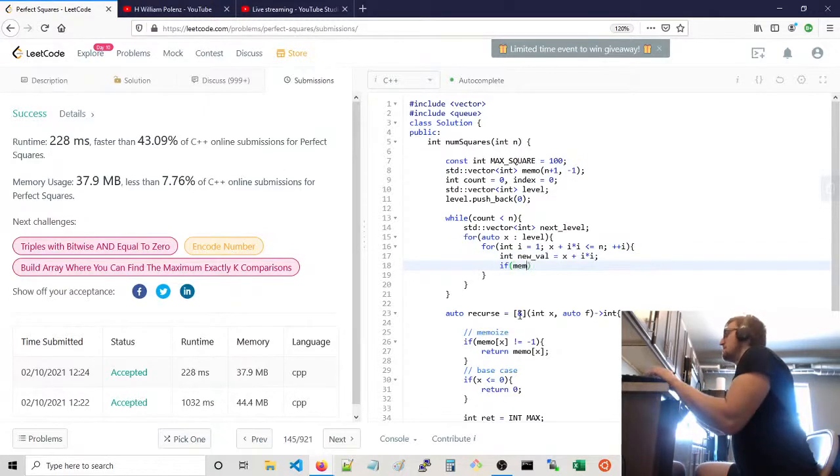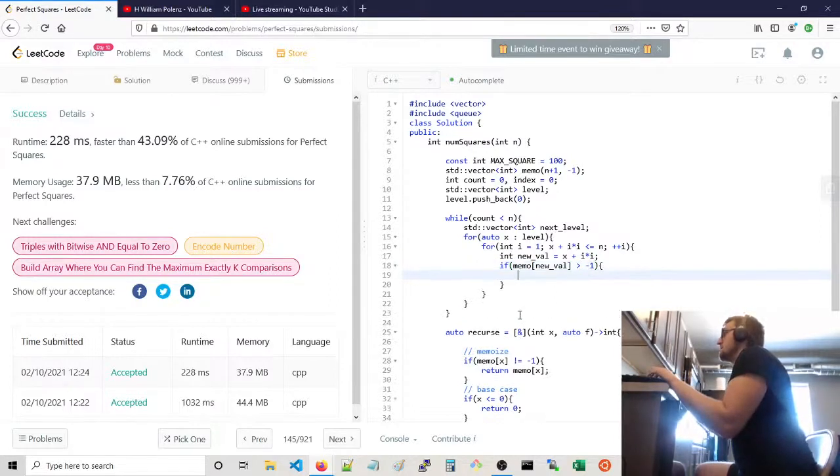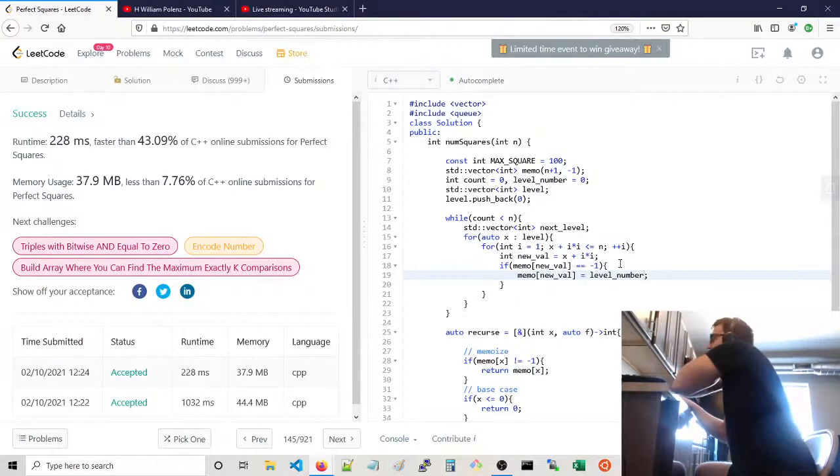If memo of new val is equal to -1, then memo of new val is going to be equal to the index, or we'll call it level number. Let's do it that way. Okay, so it hasn't been set yet. And if it has already been set, you skip it altogether.